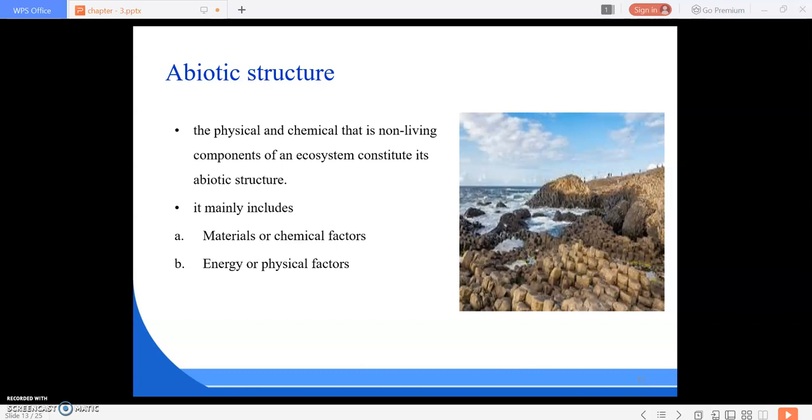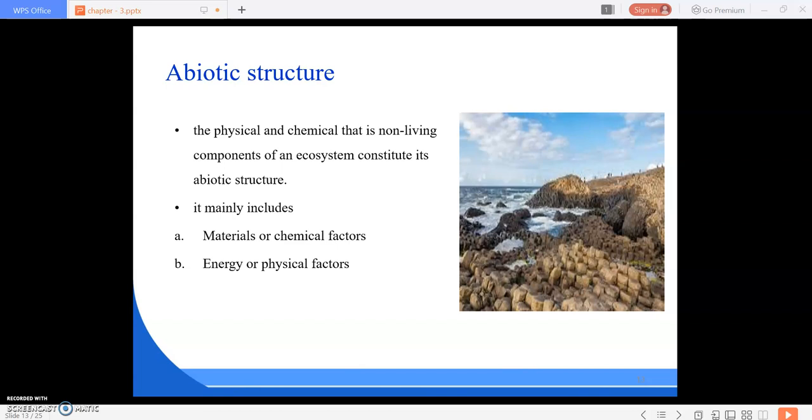Autotrophic components can produce their own food, so they are also called producers. Heterotrophic components cannot synthesize their own food and are dependent on the autotrophs, so they are also called consumers.